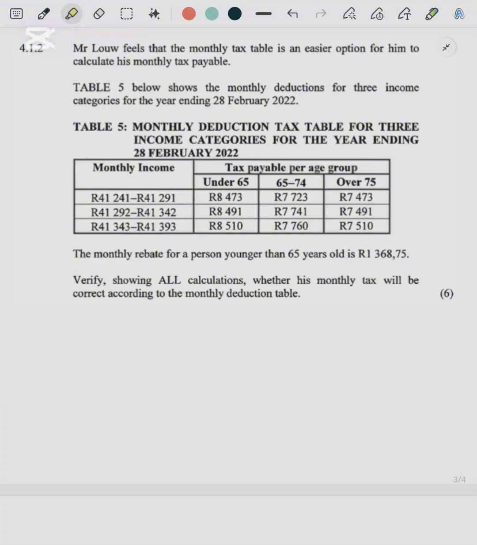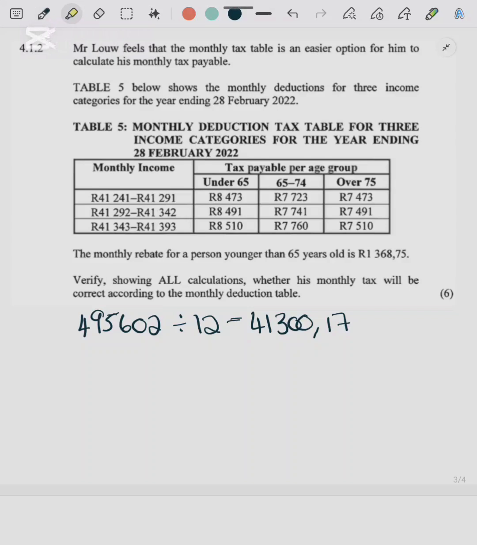So to know that, we need to work out his monthly income, because they only give us his annual income, and his annual income that they gave us was 495,602. So let's work that into monthly so that we can use it in the tax table. We just divide by 12, gives us 41,300.17.